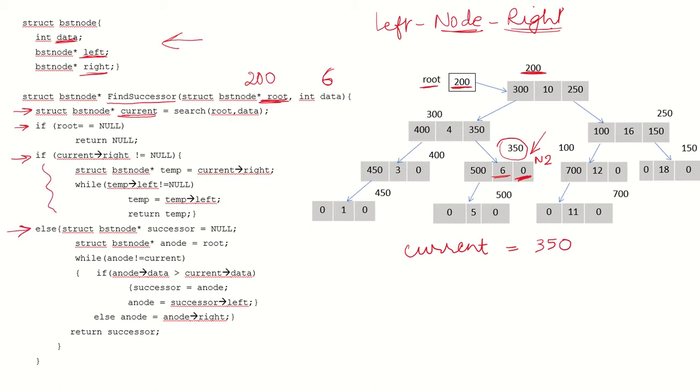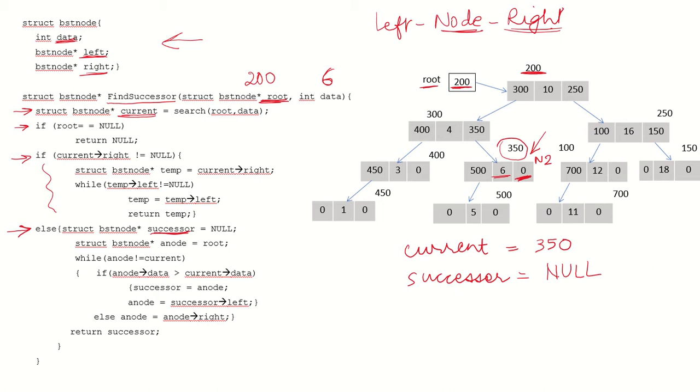We will come to this statement now, and what we have to do is declare a variable called successor. We are going to initialize a variable successor, which will be the final successor address, that means the address of the node which will be the successor for node n2. Initially we are initializing it to null.